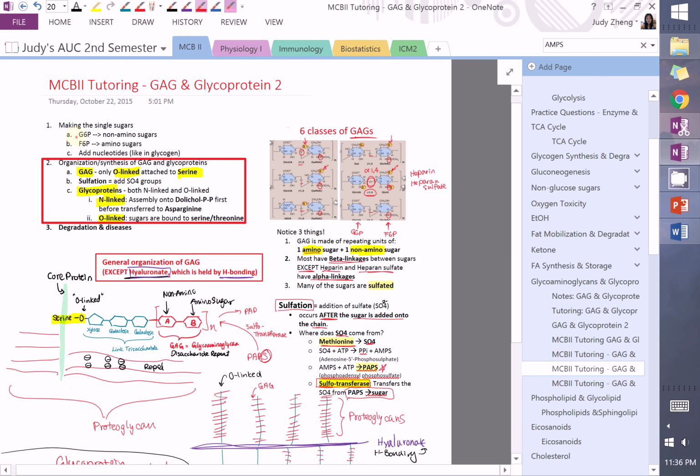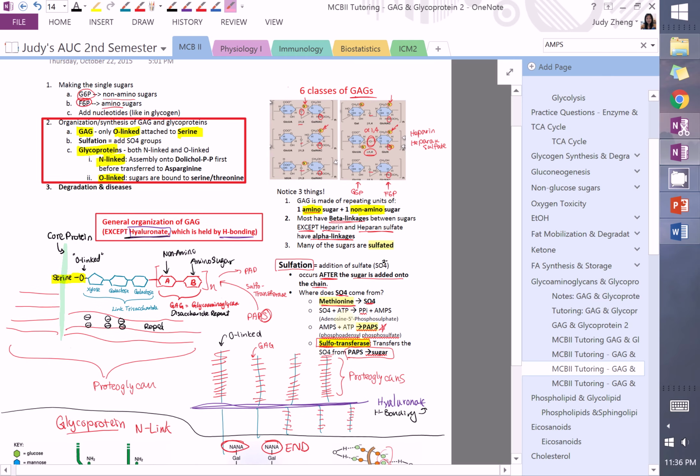You have the G6P that gives you the non-amino sugars, and then there's the F6P, fructose 6-phosphate, that gives you the amino sugars. The importance of having both of those sugars is that when you make the GAG, it consists of alternating sugars. So you have one non-amino, one amino, and then the chain grows and grows.